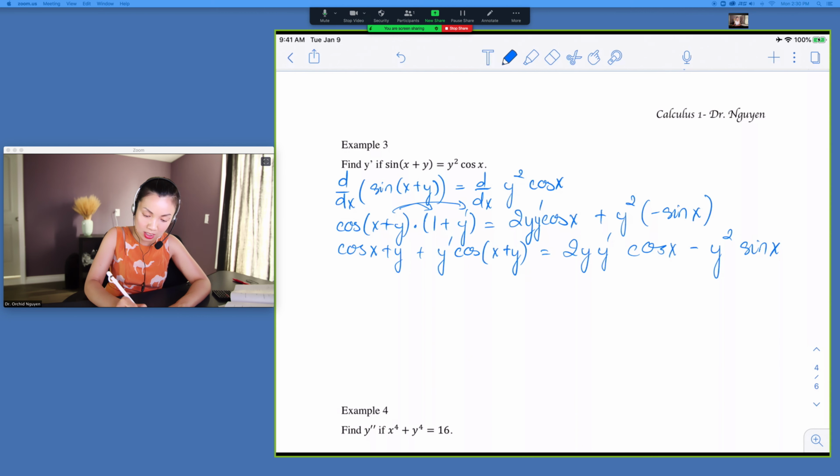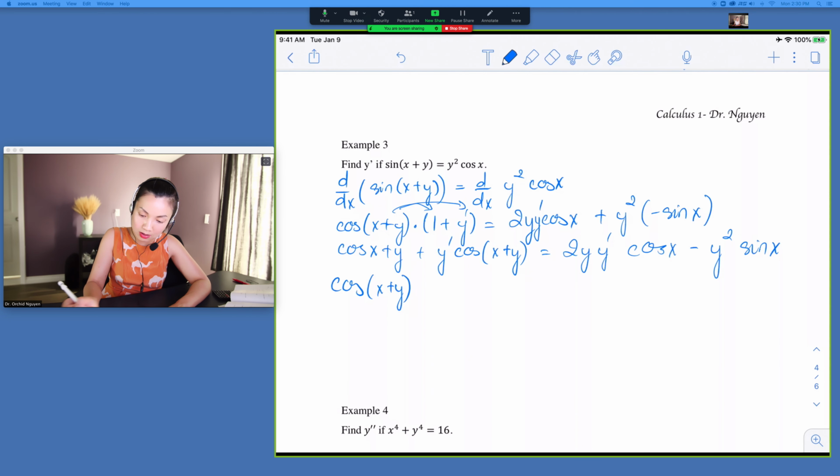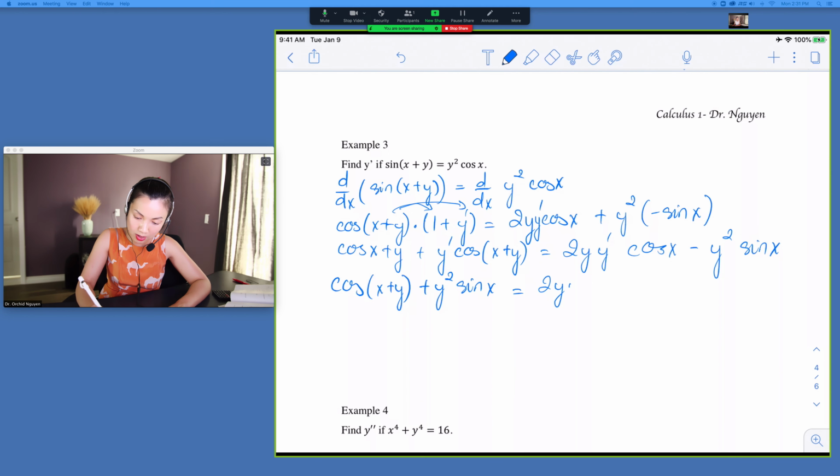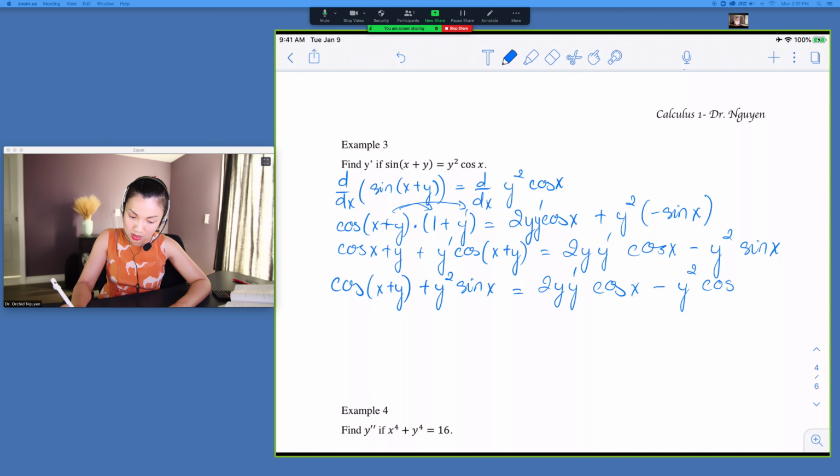So I'm just going to keep the cosine of x plus y here, and I add the y squared sine of x over. And then for this one, we have 2y y prime cosine of x minus y prime cosine of x plus y.